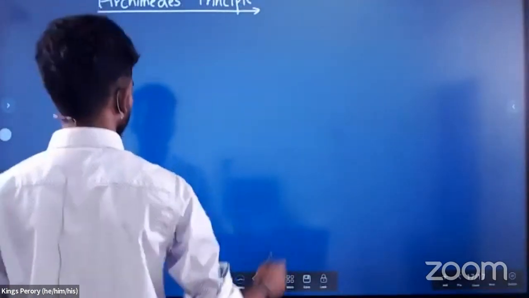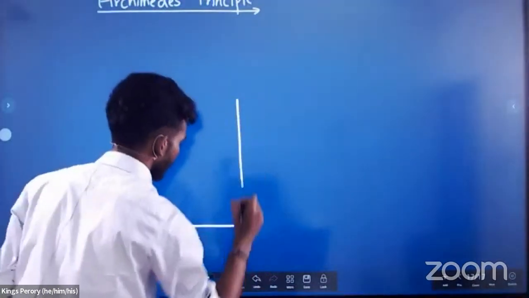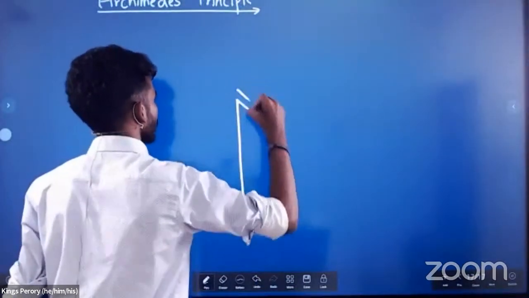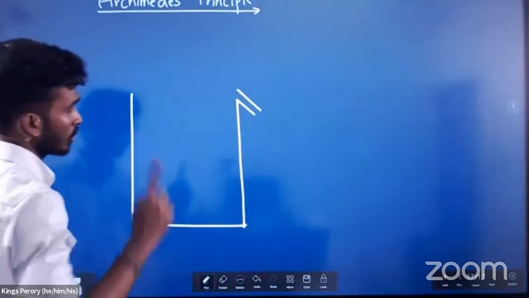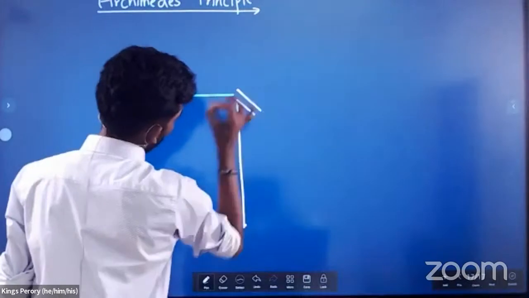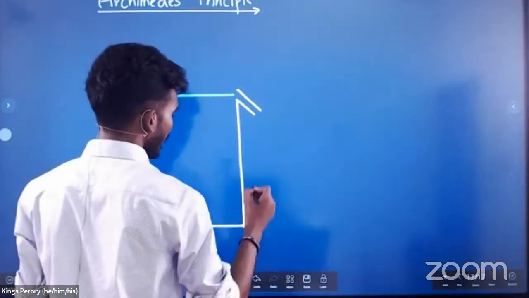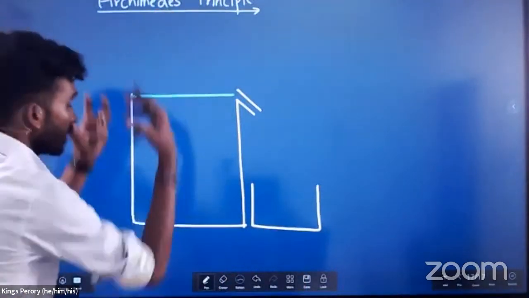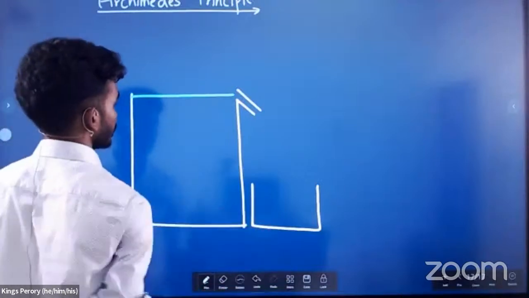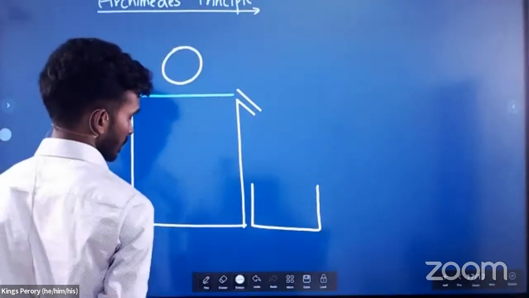Very simple. There you go. You have a Eureka vessel. You fill it. Now listen, don't lose the focus. You fill it until the brim. You keep a container nearby. You immerse an object inside. Slowly you are immersing it.